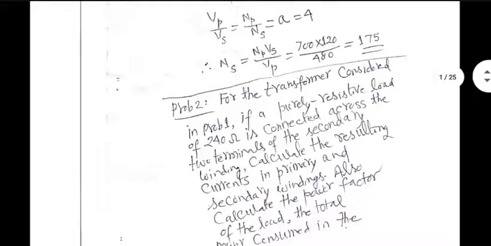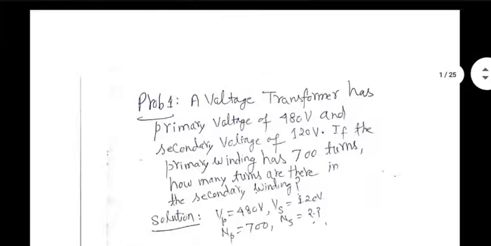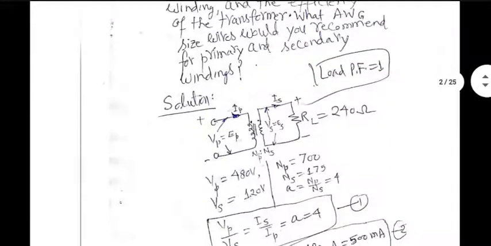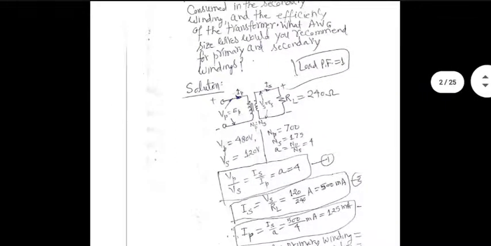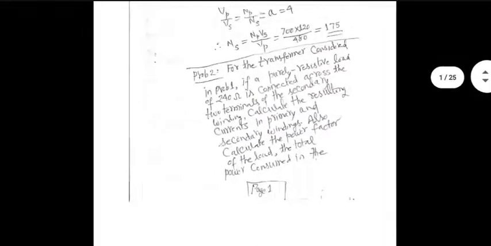Okay, this also we have done in the past. What we did was connected a 240 ohm load on the secondary and we did power calculation. This is something that we have done already in one of the previous lectures. This is the problem.